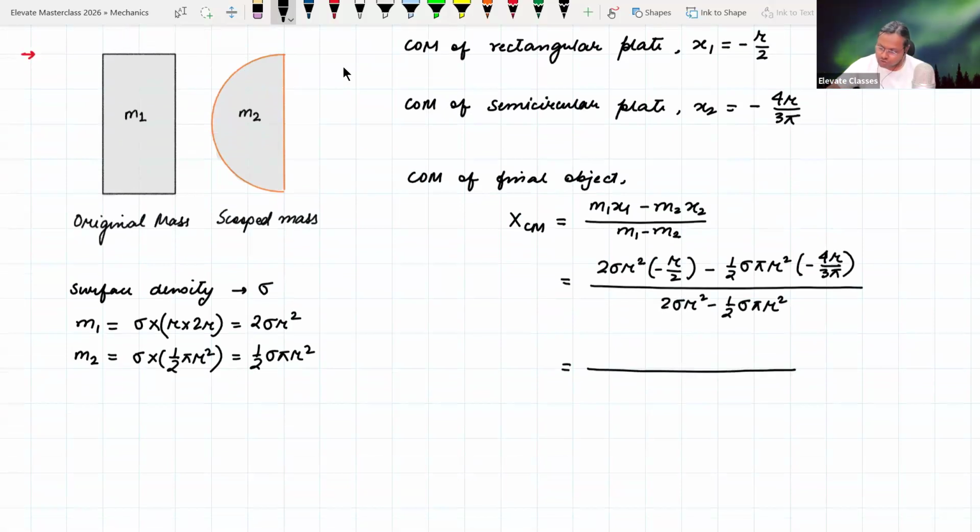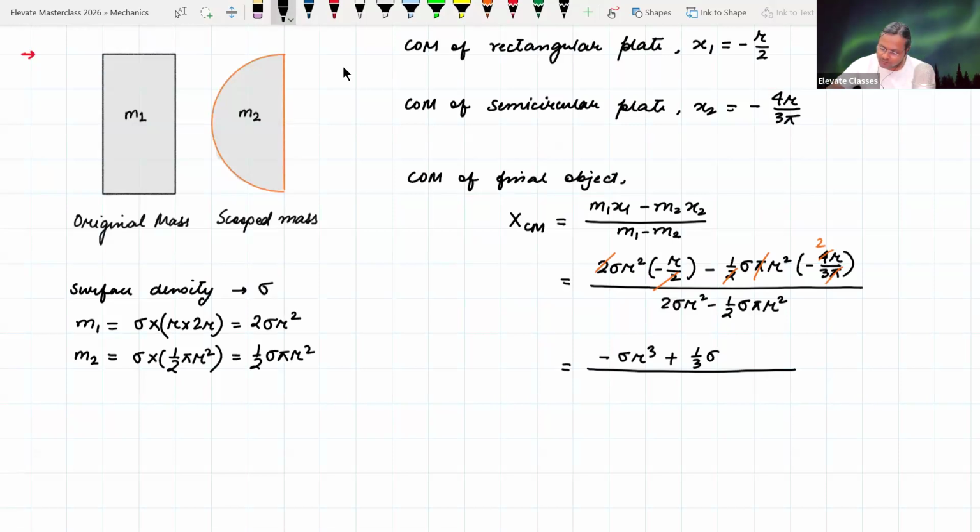So what will we get when we solve? The 2 gets cancelled here. We are left with minus sigma R cube, minus minus plus, and here pi gets cancelled. The 2 cancels with this 2. So plus sigma R cube upon 3.